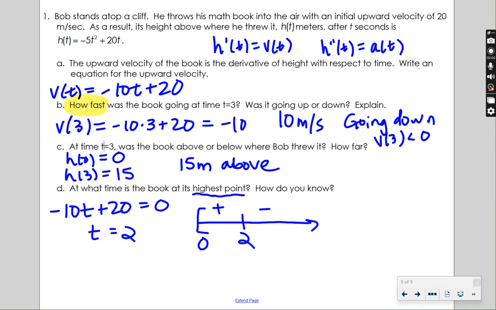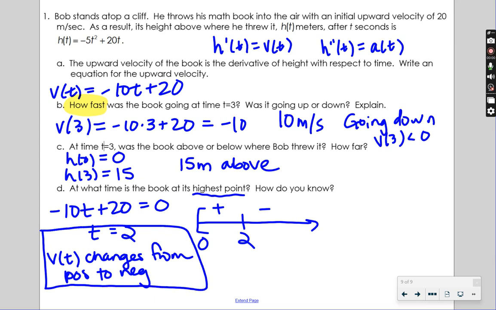So it goes up and then down, so that is a maximum right there. So at what time is the book at its highest point? t equals 2. How do you know? What do you think our justification is? Because v of t changes from positive to negative.